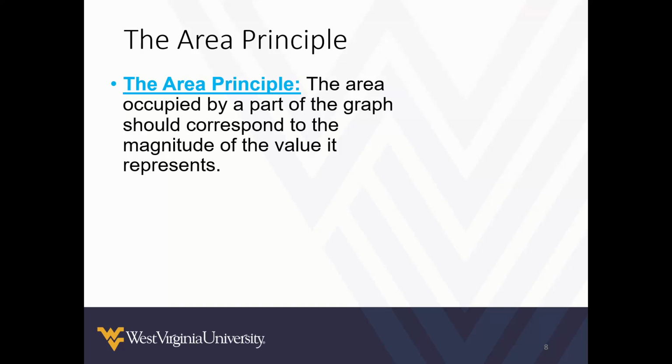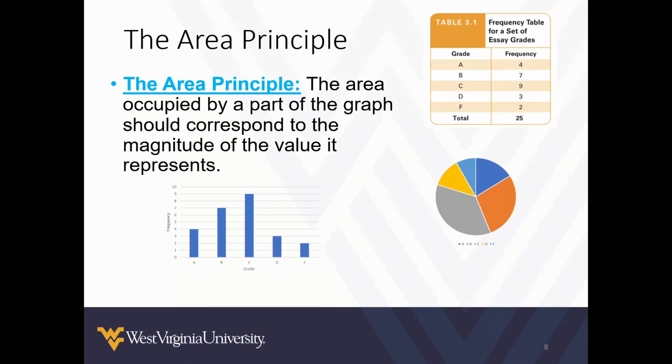The area principle says the area occupied by a part of the graph should correspond to the magnitude of the value it represents. For example, if we take a look at grade frequencies of an essay grade, notice that we have A, B, C, D, and F letter grades with the corresponding frequencies of 4, 7, 9, 3, and 2.